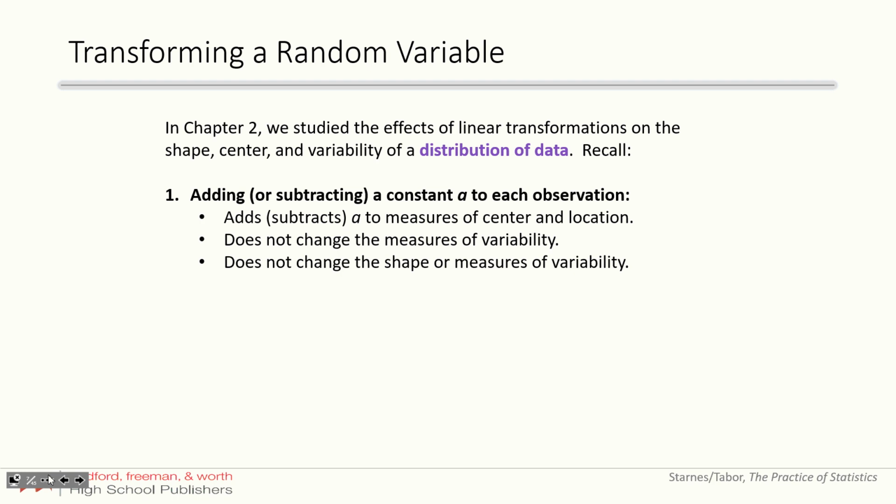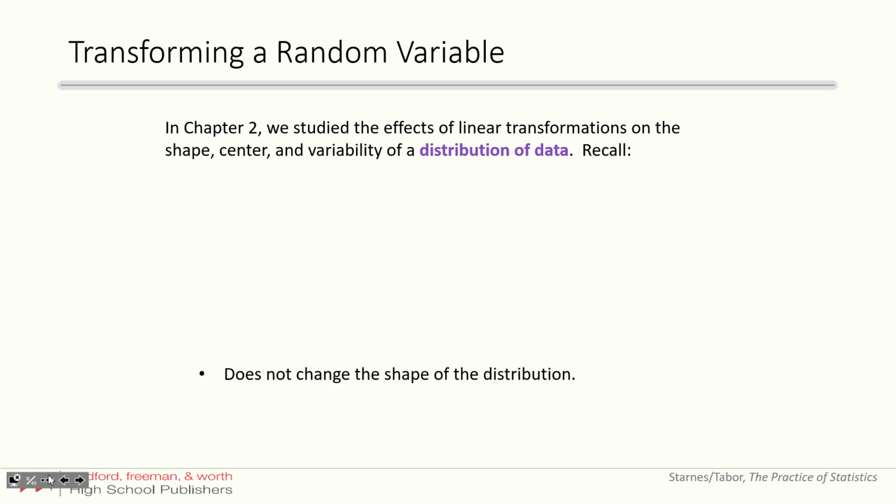Although it would not change the variability. Remember, when you add 3 to a set of data, the spread, the range, the standard deviation, the IQR is still going to stay the same. And it also doesn't change the shape.